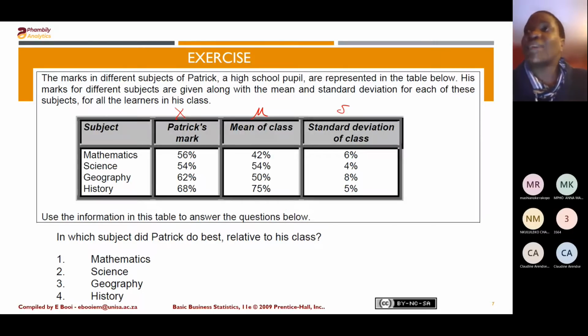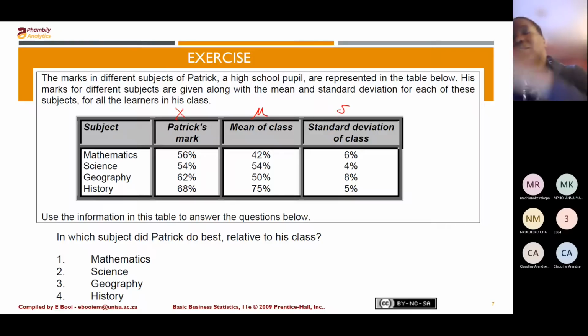So in order for us to know in which subject he performed better, we need to calculate the Z-score. Let's first calculate the Z-score for mathematics. You've got two choices. Because these are percentages, you can divide the percentage by 100 to get a decimal, or you can use it as is.